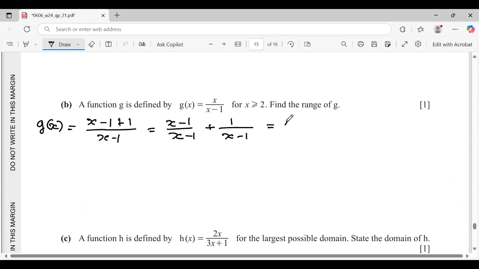So it becomes 1 plus 1 over x minus 1. When x equals 2, if you substitute, g(2) is 1 plus 1, and the result is 2. So if we are going to find the range, the maximum is 2, right? Now look at the diagram.